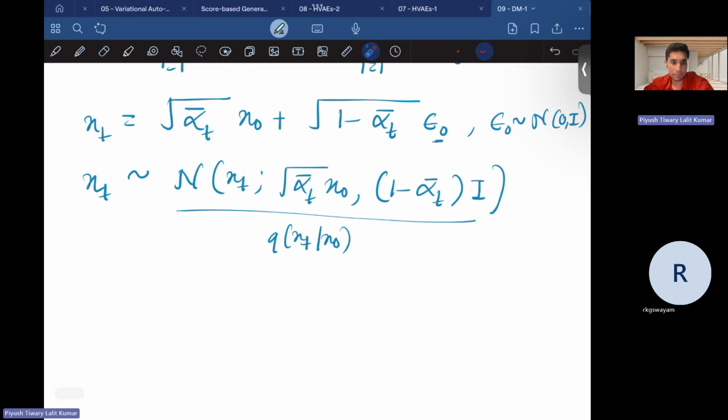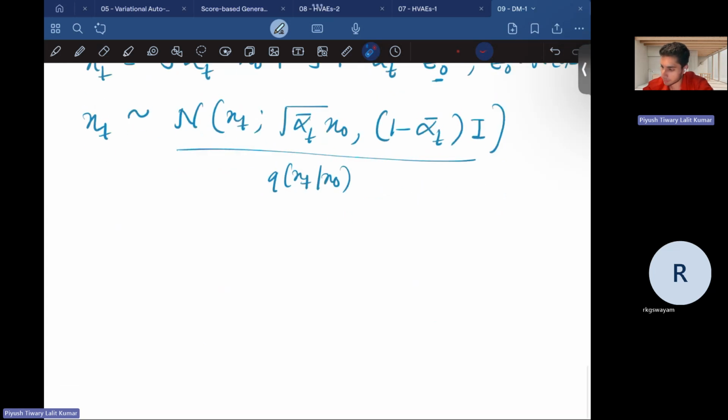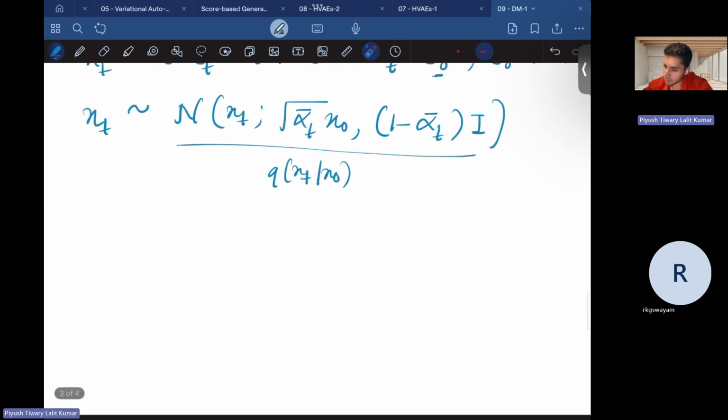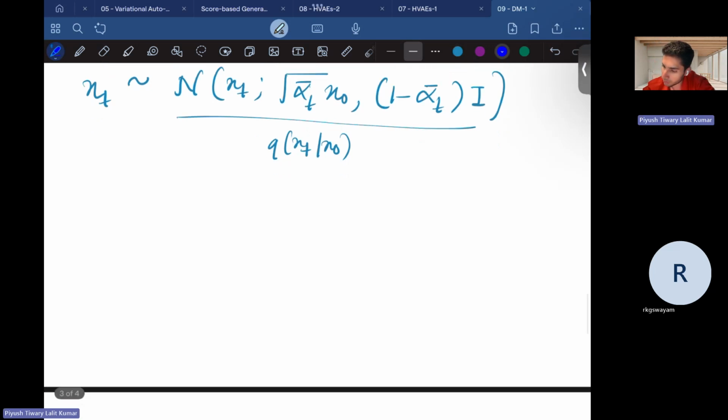One thing to note here is something related to your third assumption. So what is x capital T?